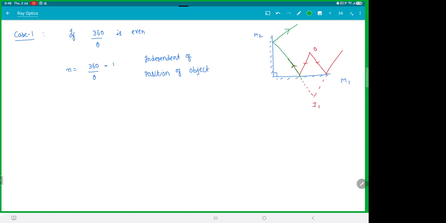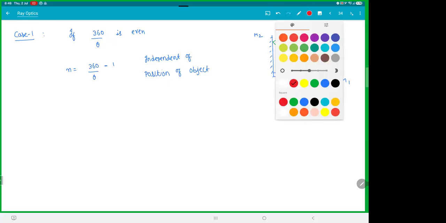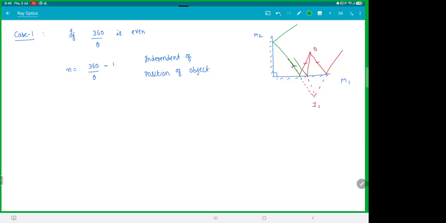So M2 will think light rays are coming from I1. If I put one more ray here, they will bounce like this, and when you extend them, you will get one more image here.